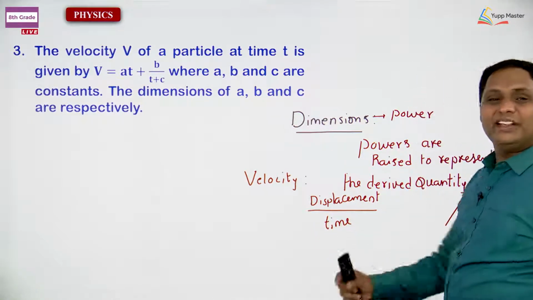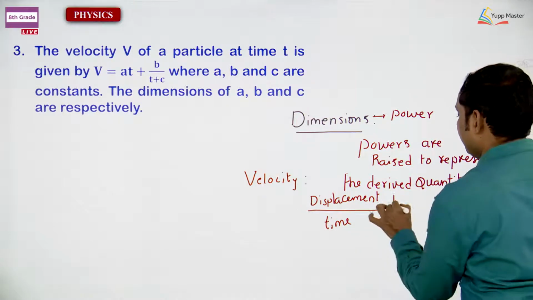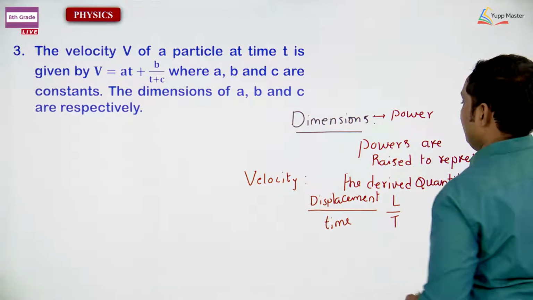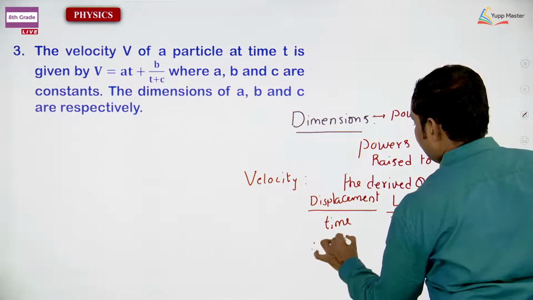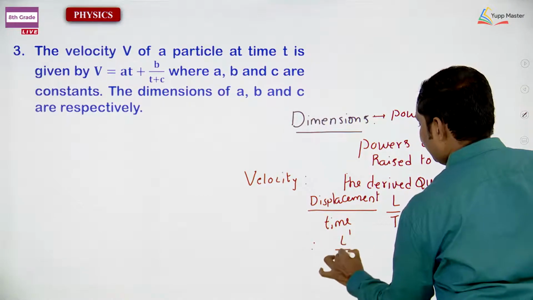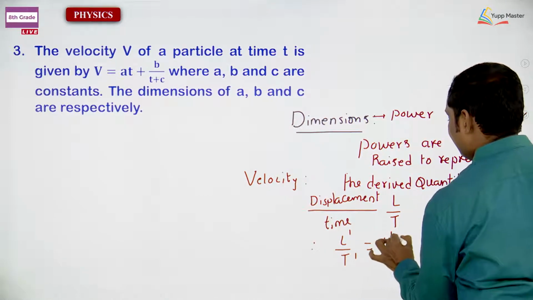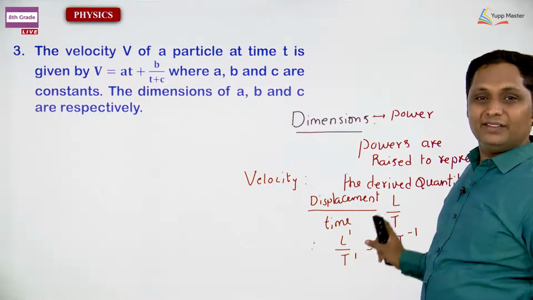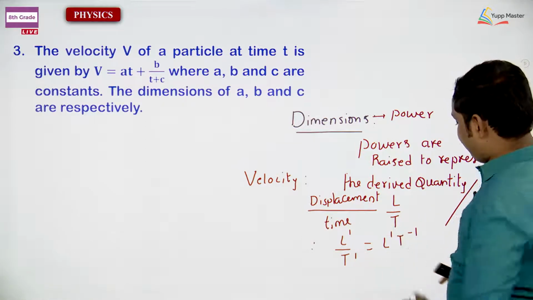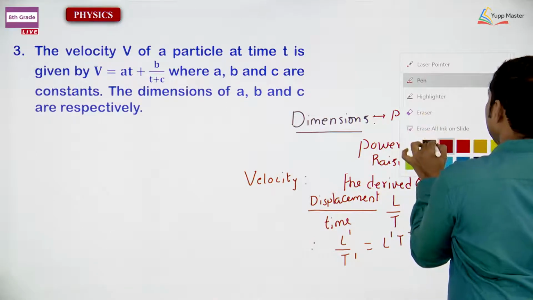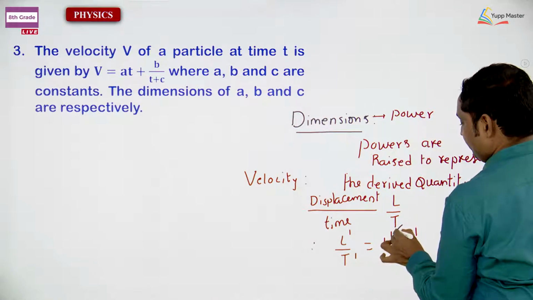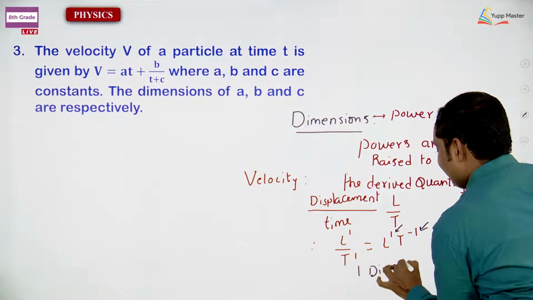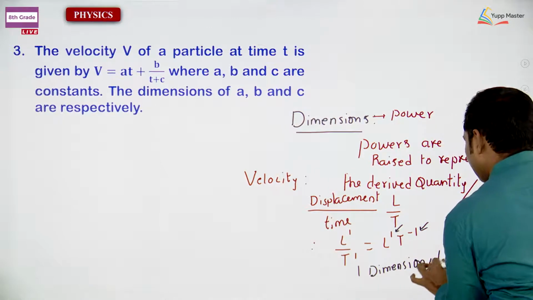If you take the fundamental quantity for the displacement, L, it is represented by its symbol L, divided by T. Now you take L power 1 by T power 1, that is L power 1 T power minus 1. So you have to take the dimensions of length, and 1 is the dimension of length.